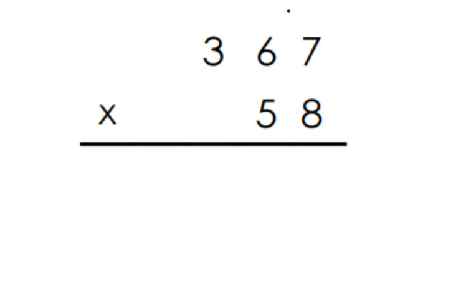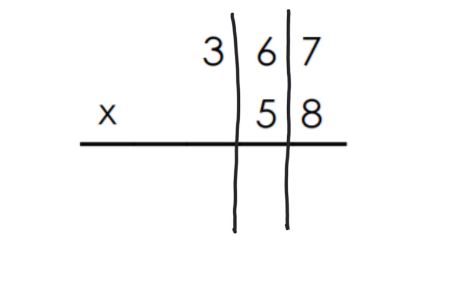So now multiplying a three-digit number by a two-digit number. The process is the same, but for some reason students tend to get confused with when this extra digit is added. So I'm going to use two different colors as well. I'm going to label my rows because I know that I have ones, tens, and hundreds, and I'm going to label this tens.